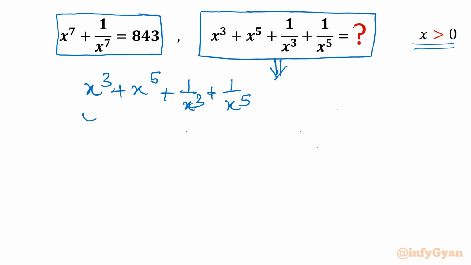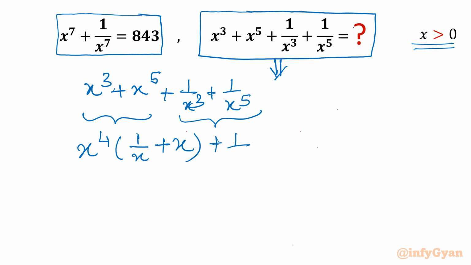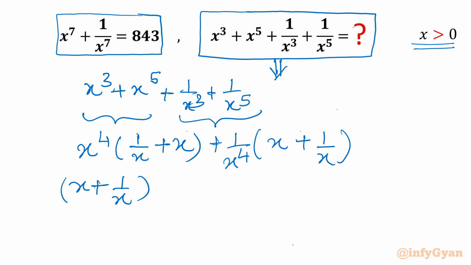I can take x power 4 common from these two. So it would be 1 over x plus x. And if I will take 1 over x power 4 common from last two, I will be having x plus 1 over x. Now x plus 1 over x is overall common. We will take common out.